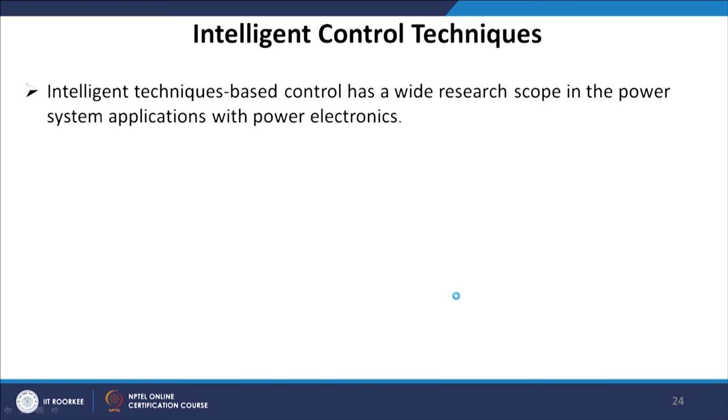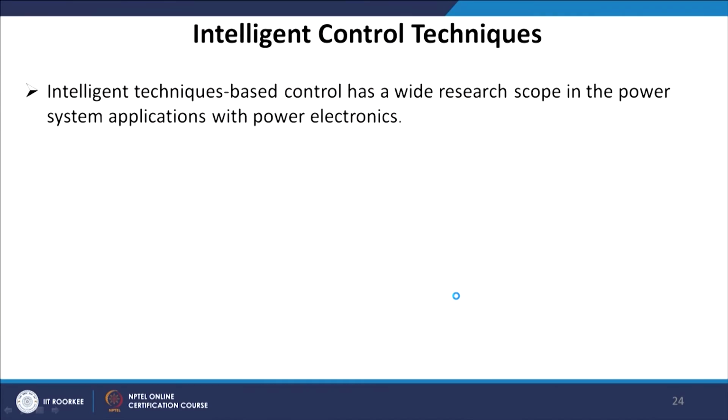Finally, we get into intelligent control techniques, because as we all know, the control schemes are never ending, and for the microgrid the complexity is extremely high, and we have to evolve with new techniques to overcome the errors or problems associated with the existing techniques. So, currently many intelligent techniques have evolved.